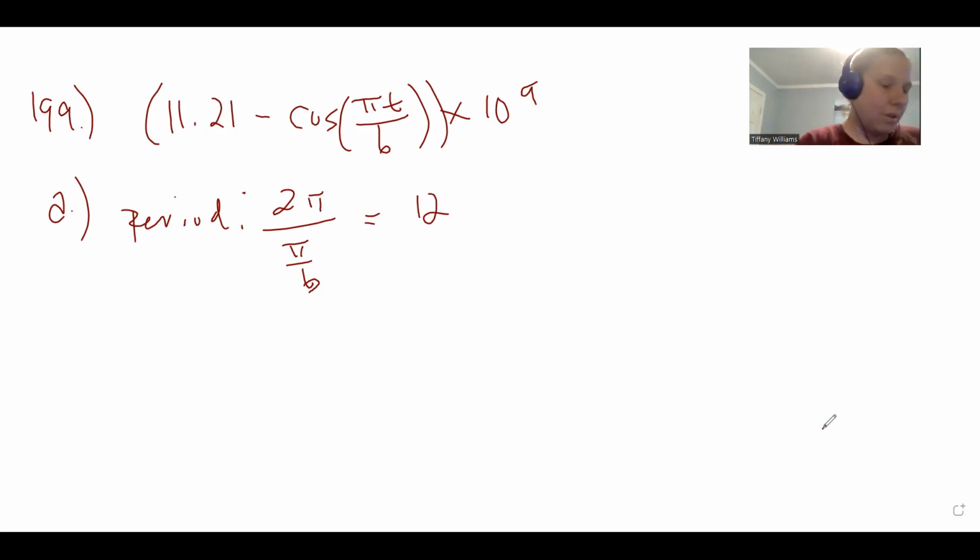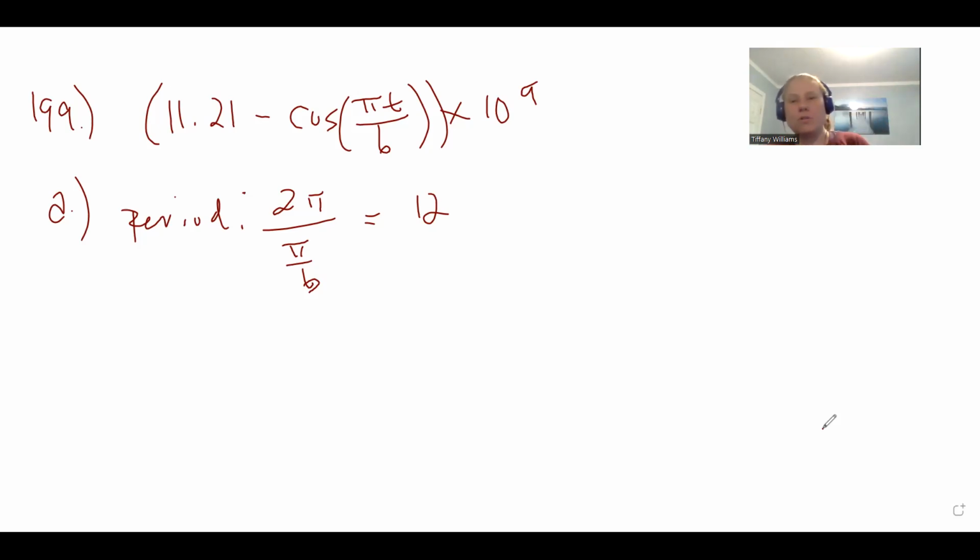So the integral for our thing is going to go from 0 up to 12. That's what our integral is going to be. So my function, 11.21 minus cosine pi t over 6 times 10 to the 9th, is going to go from 0 to 12. Guys, remember 12 is going to come back around, right? It's forming the whole entire circle. This is all trig stuff.